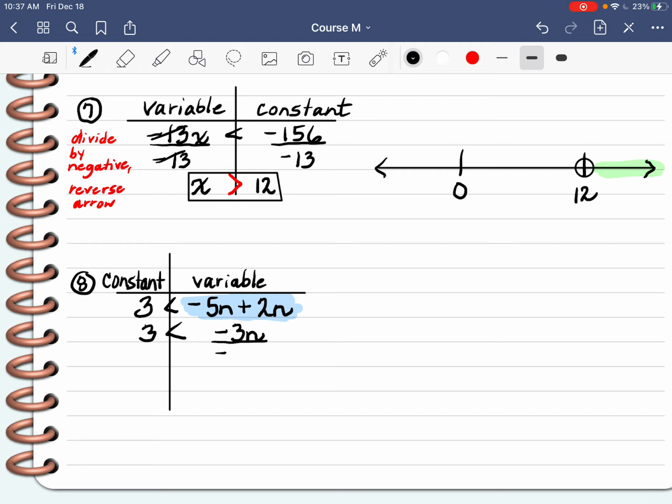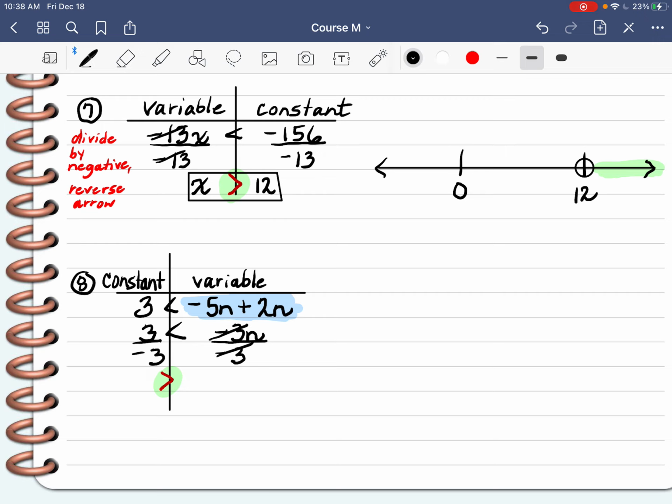So then I need to divide by, there it is again, negative 3. And as soon as I do that, that arrow has to reverse. You have to reverse the arrow. So just like in the previous problem, we reverse the arrow. We're doing it here because we're dividing by a negative.